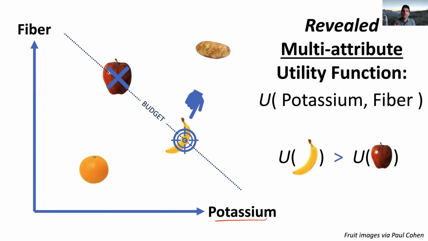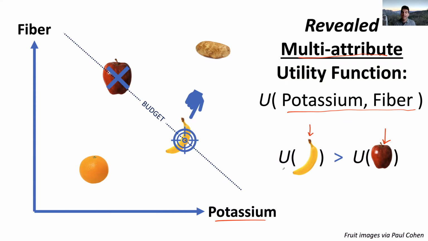And by seeing what bundles of goods they choose, it allows me to form a so-called multi-attribute utility function, where I'm not measuring the utility of potassium or fiber alone. I'm measuring the utility of different mixtures of potassium and fiber, and where I'm stuck with whatever mixtures come in the banana and whatever mixtures come in the apple.